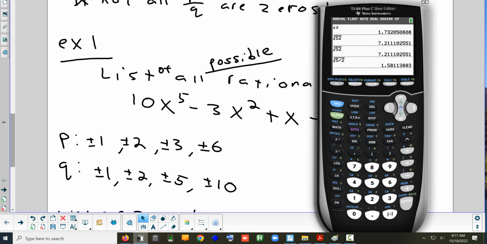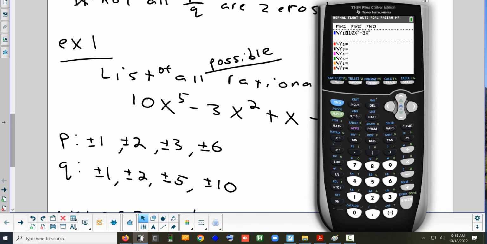We're going to graph it. So 10x to the 5th minus 3x squared plus x minus 6. All right, let's do zoom 6 and see what it looks like.